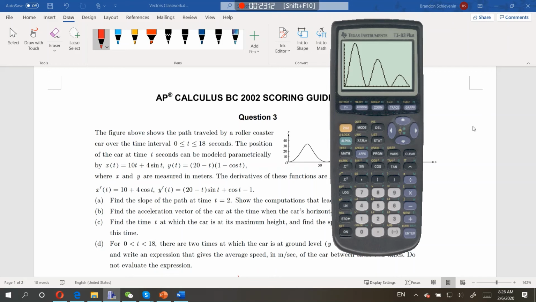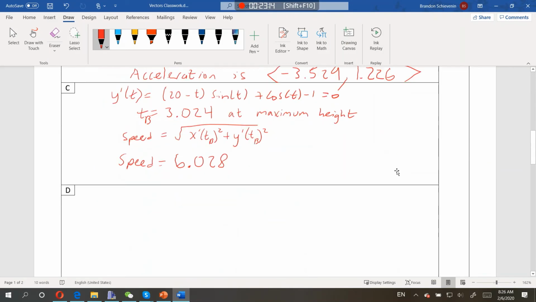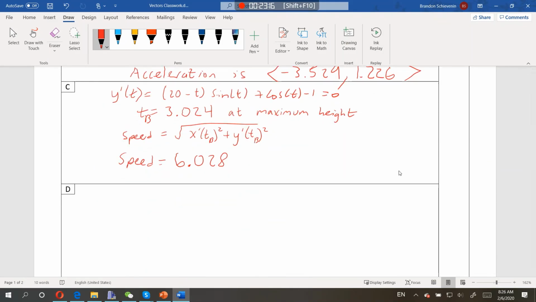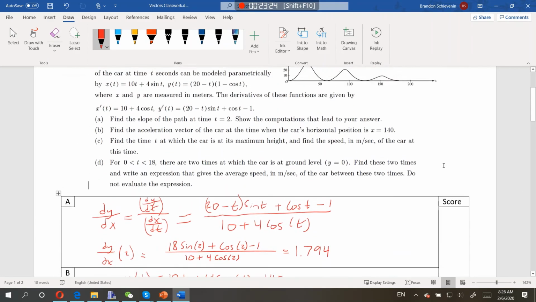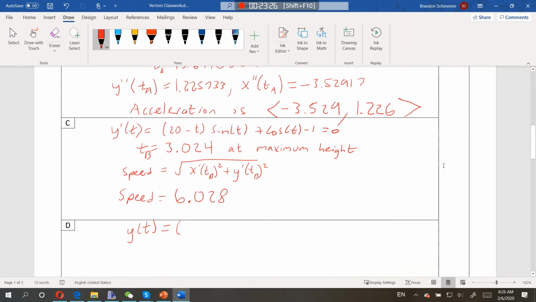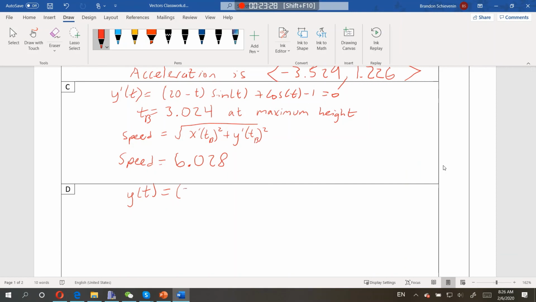So y of t equals 20 minus t times 1 minus cosine t. Okay, so if I set this equal to 0, what do we get?